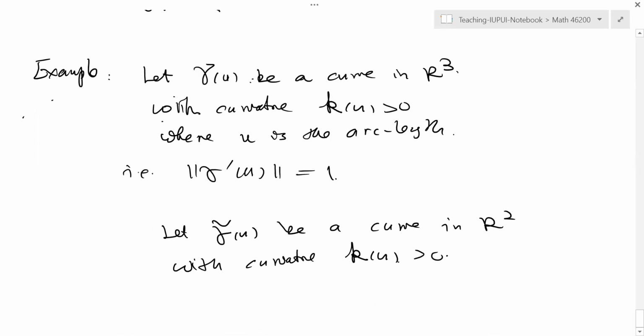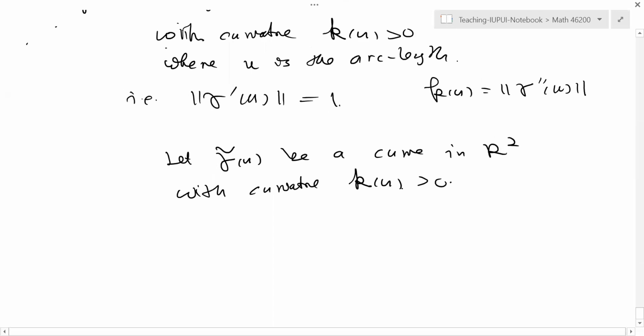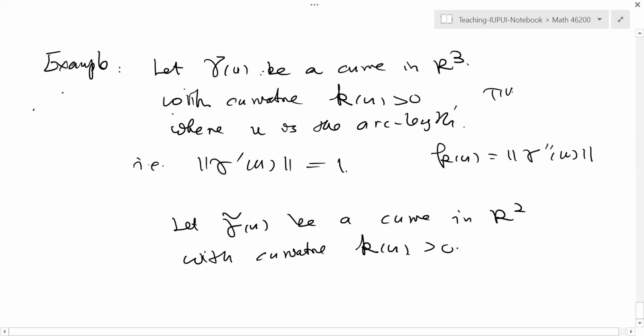Right. So how do you get a curvature, right? The curvature is going to be the length of, I think, the second derivative, right? That's our definition of the curvature. That's why it's going to be positive. For the torsion, I can assume that the torsion is not equal to 0. Once you give a torsion, an arbitrary non-zero function, you can almost uniquely determine the curve.